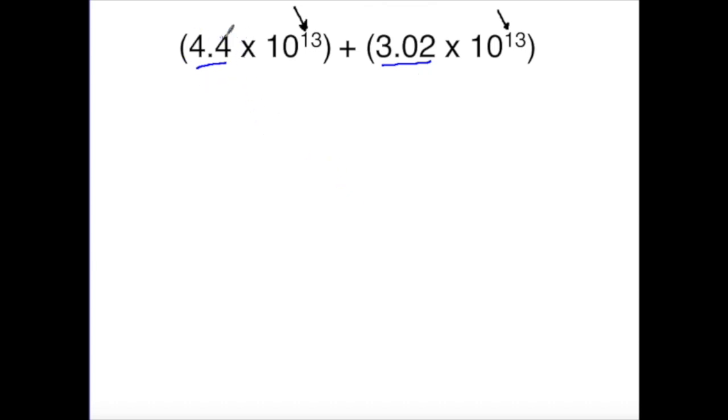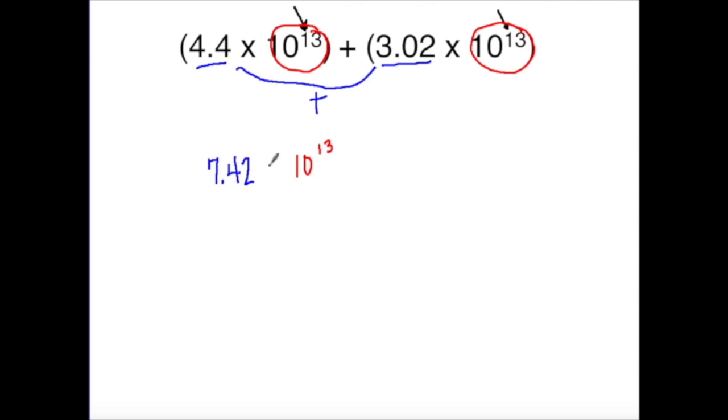And when I add these two together, all we have to do is add. 4.4 plus 3.02 is 7.42. And then all we have to do, since these are the same and we are adding, or also this works with subtraction, is keep that power of 10 the same.